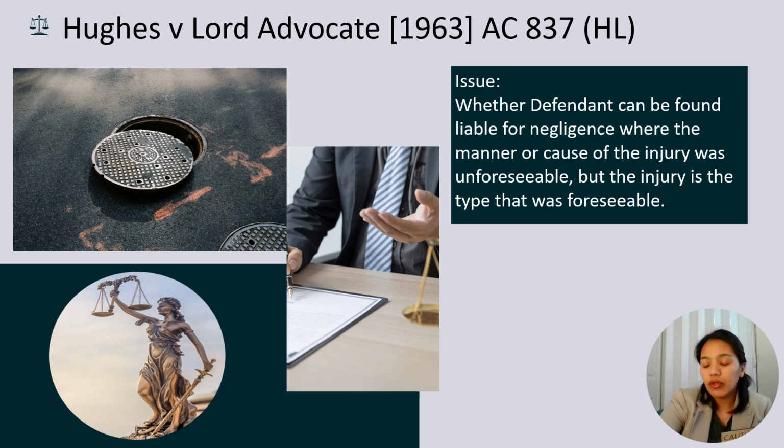The focus is on foreseeing the type of damage rather than the specific outcome, as expecting the exact harm would set too high a standard. This case underscores the importance of foreseeing general risk rather than specific details when determining liability for negligence.